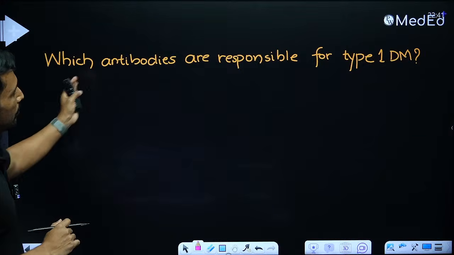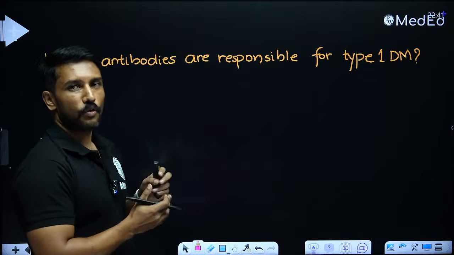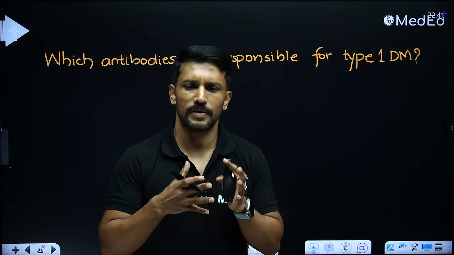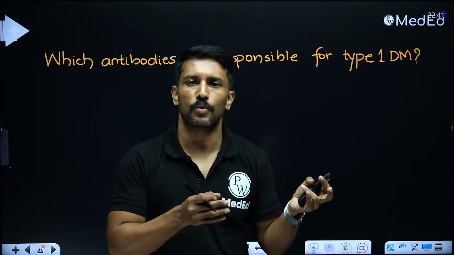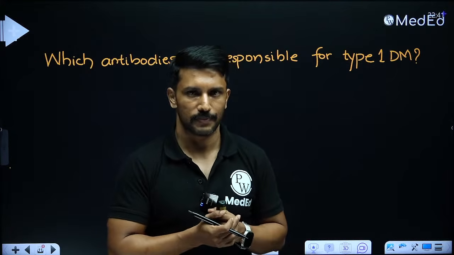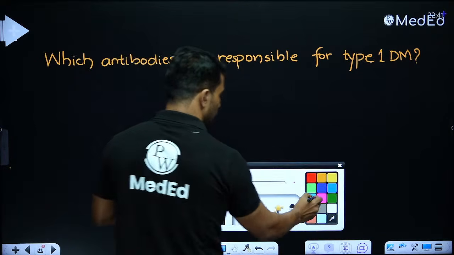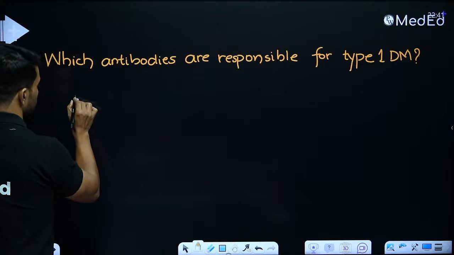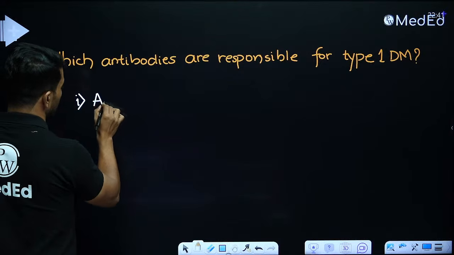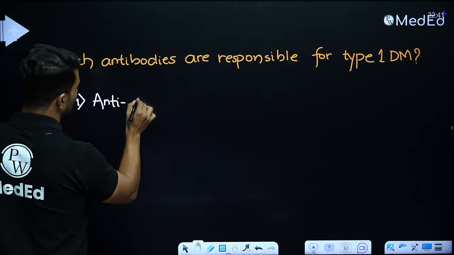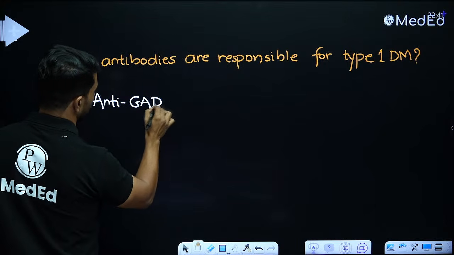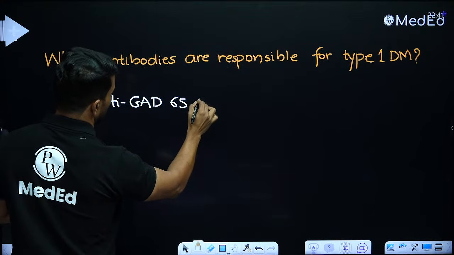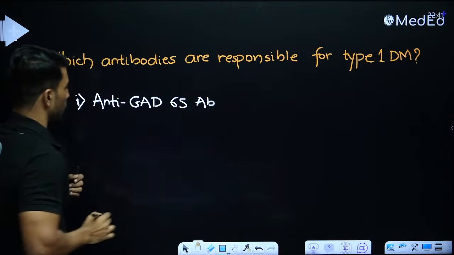Now, which antibodies are responsible for the development of type 1 diabetes mellitus? Most of these antibodies are going to target some protein in the beta cells. So what are those? The first antibody that we need to remember is anti-glutamic acid decarboxylase 65 antibodies, anti-GAD65 antibodies.